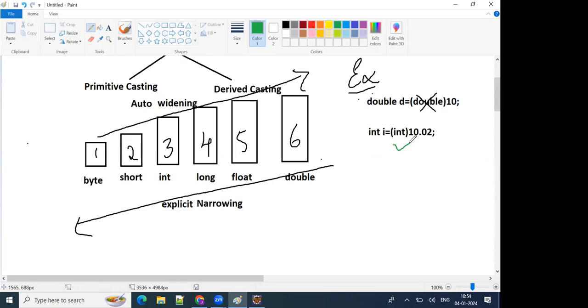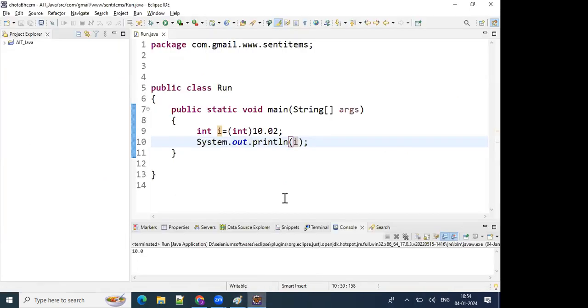Understanding this? Narrowing is the process of converting higher primitive to lower primitive. When there is a conversion, there is a loss of data.